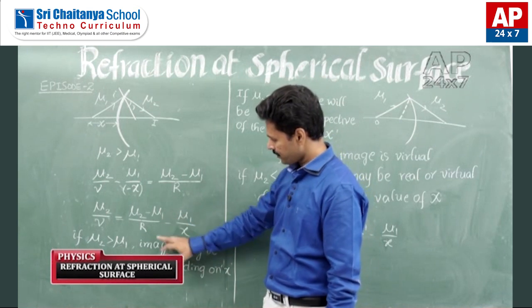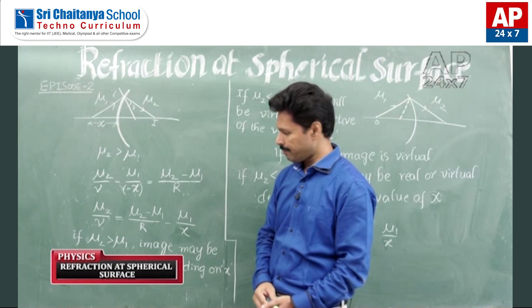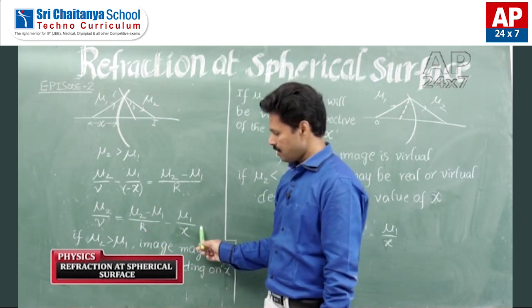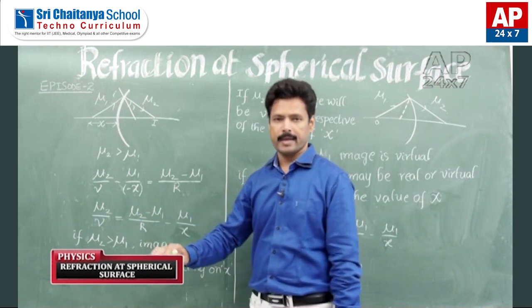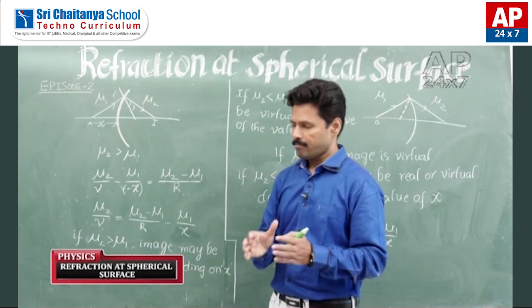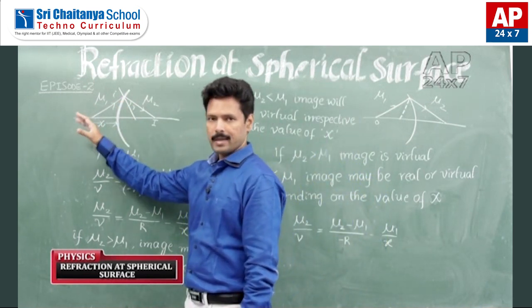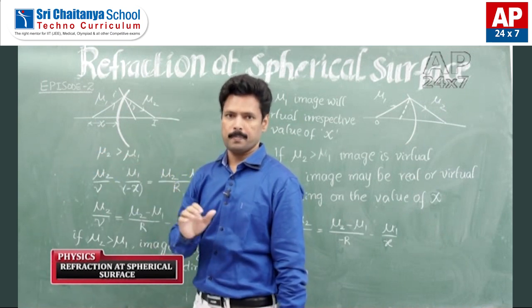That means the total value is negative, so for any non-zero value of x, v will be negative. That means when the object is on the convex side and in the denser medium, the image is always virtual.